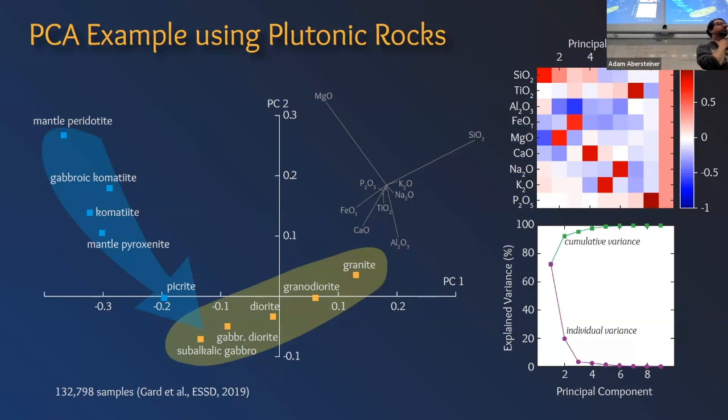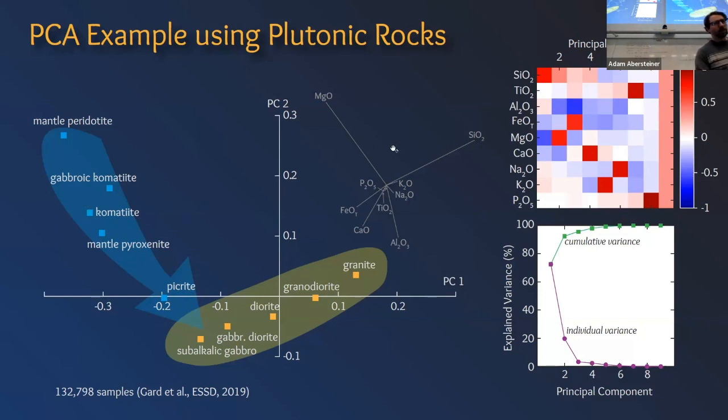And you see something very interesting and something that you would completely expect as a geoscientist: you have one axis that is basically defined by mafic to felsic rocks, and another grouping of data that's defined by basically how mantle-like it is, going from mantle peridotite into a volcanic rock, picrite, that's sort of a high temperature extract from the mantle.